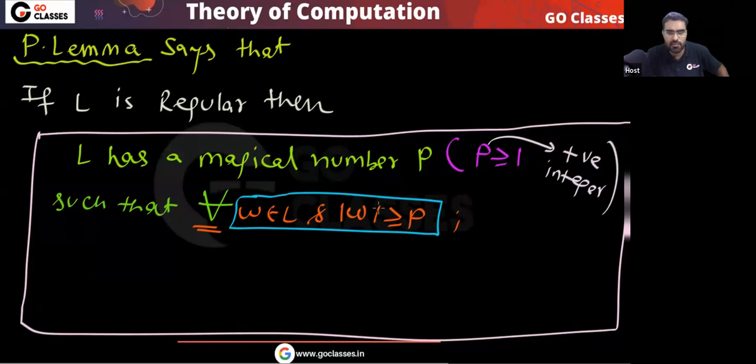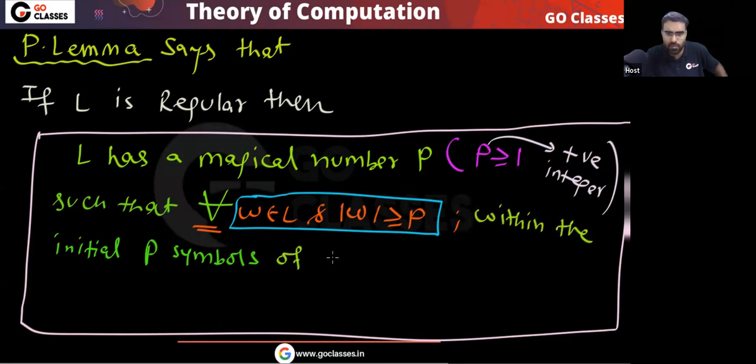In the initial P symbols of W, there is some non-empty section Y which can be repeated any number of times such that the resulting string belongs to language L. So for every such candidate string, within the initial P symbols, what will happen?